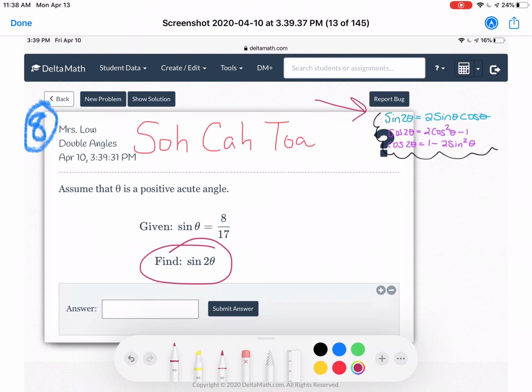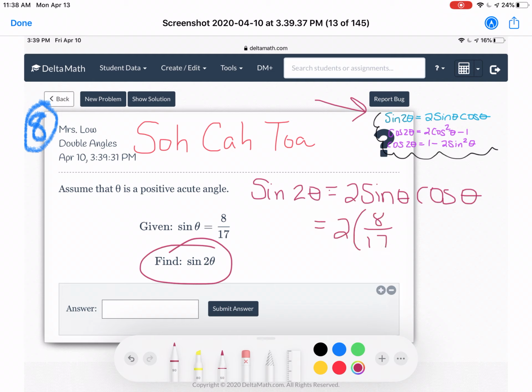Okay, so I obviously need to do sine 2 theta. So sine 2 theta equals 2 times the sine of theta times the cos of theta. Sine of theta they gave me, 8/17. Cosine I need to find. All right, so we're going to draw a little picture. Positive acute angle means I'm in quadrant 1. So I'm going to extend out, drop down, right angle.